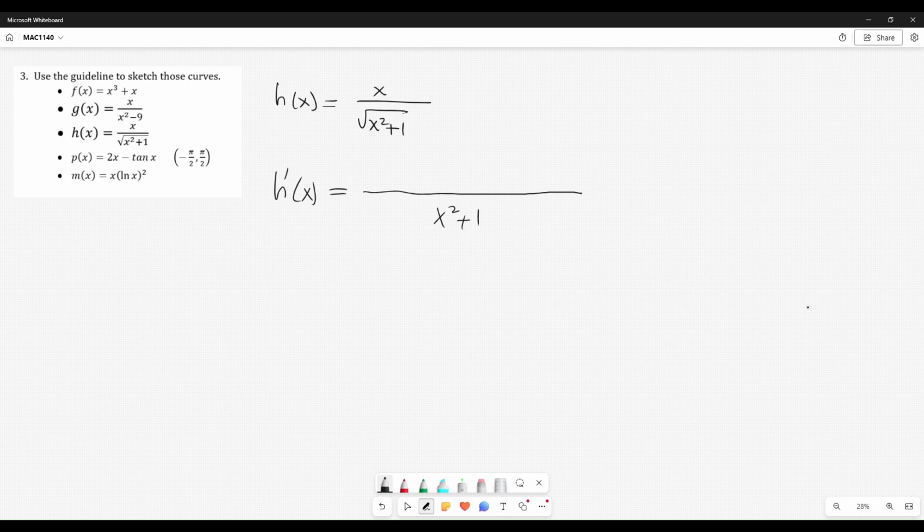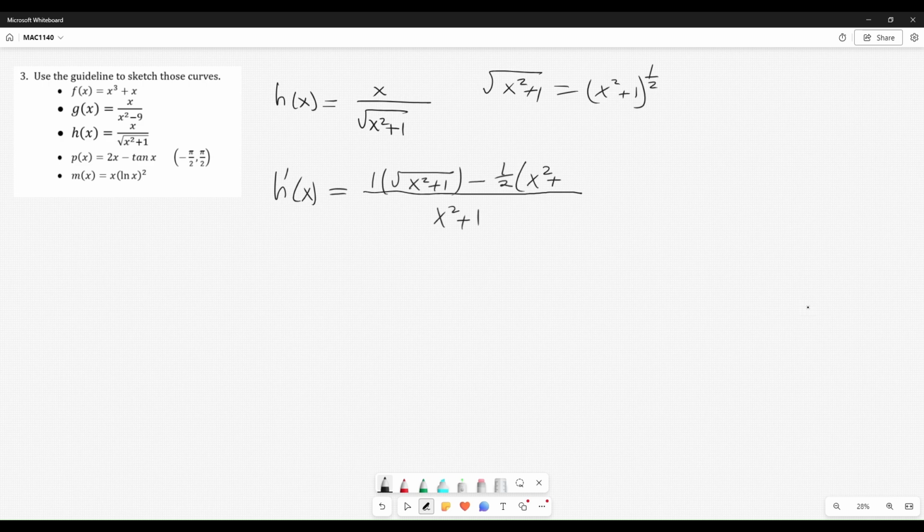Now you derive the numerator, que es 1 times square root x squared plus 1, minus the derivative of the square root. You can understand that square root x squared plus 1 is equal to x squared plus 1 raised to the 1/2 power.